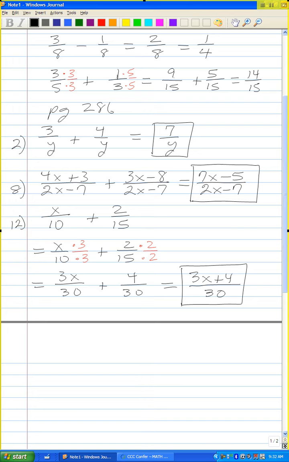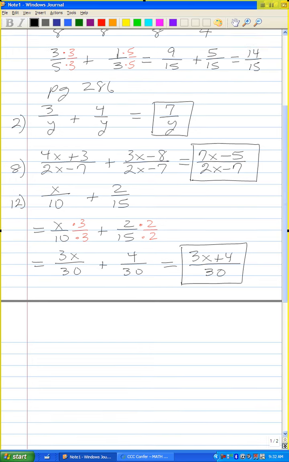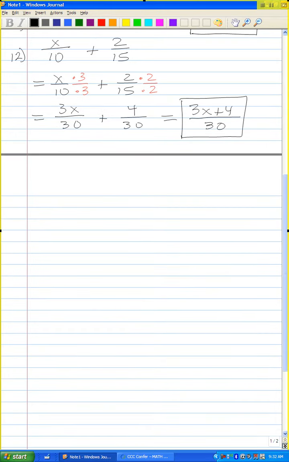Let me do problem number 20. 4 over x plus 4 plus x. And so let me rewrite x as x over 1. The least common denominator in this case is x times x plus 4. I'm sorry. The least common denominator in this case is x plus 4.